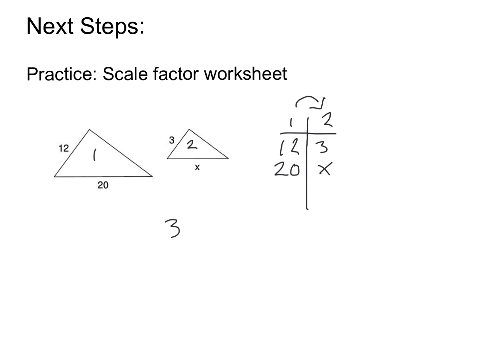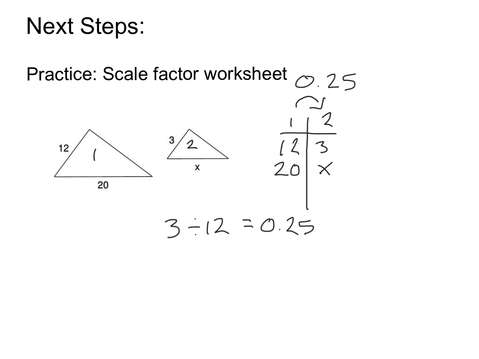So we're going to do 3 divided by 12. It is okay for you to use a calculator. What that's going to get us when we do 3 divided by 12 is 0.25. So what that's telling us is that you multiply by 0.25 to go from shape 1 to shape 2. 0.25 is our scale factor.